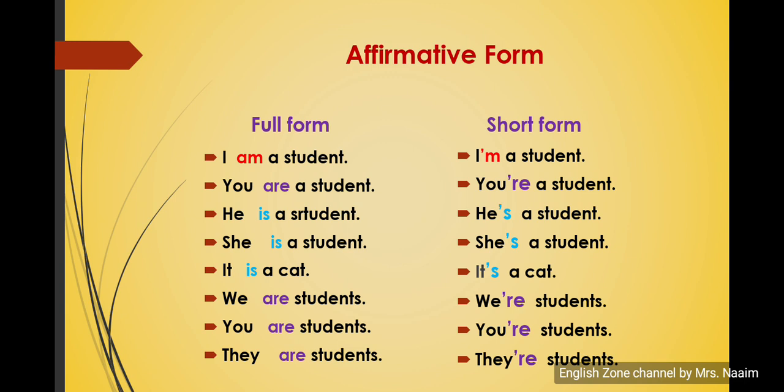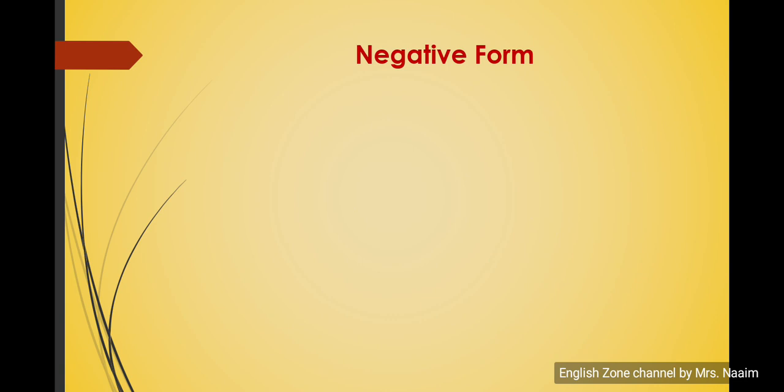Okay. Now let's move to the negative form. وهنا يتعلق الأمر بالنفي. So the full form and the short form بمعنى الصيغة الكاملة للفعل والصيغة المختصرة للفعل. Okay, let's take a look at the full form.